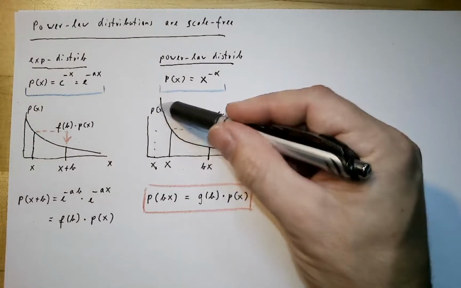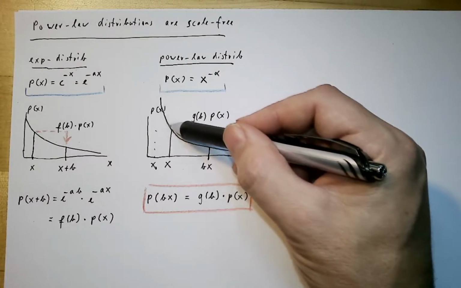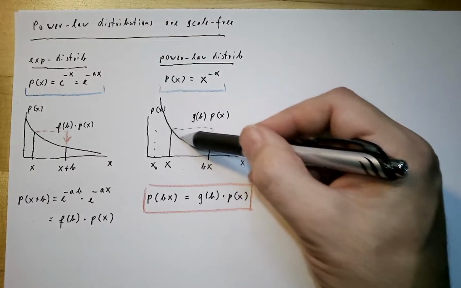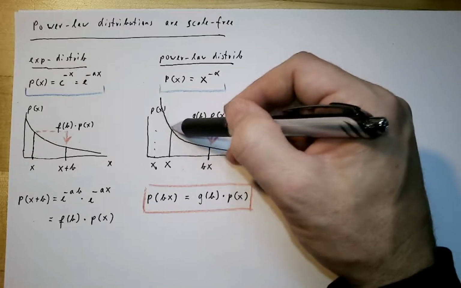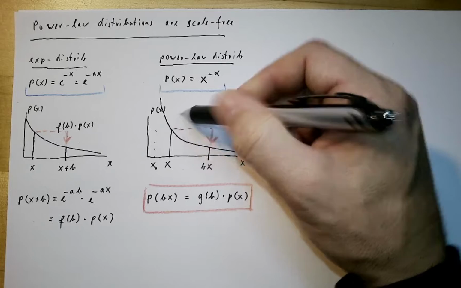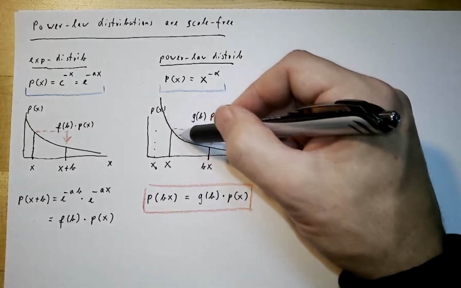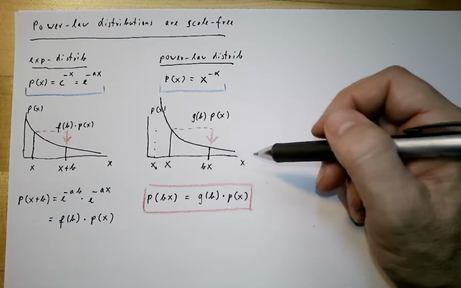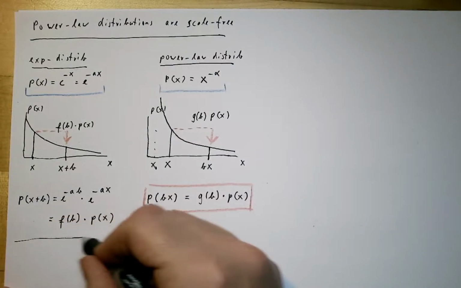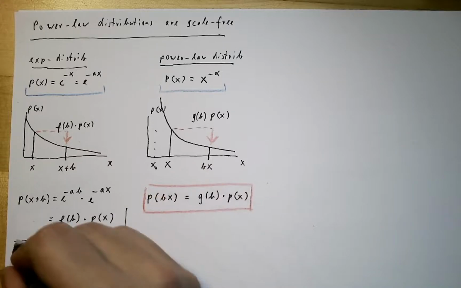So you could say, I mean, the power law, these distributions mean higher values we have lower probability. So if we go to the right, the probability to achieve a number is reduced. But this reduction, in this case, is the same on all scales. So let's now continue only with the power laws.